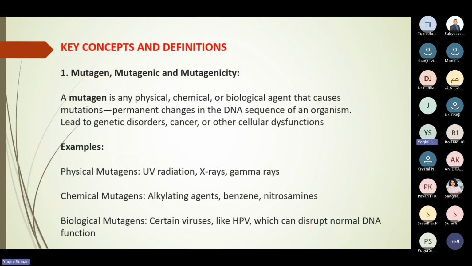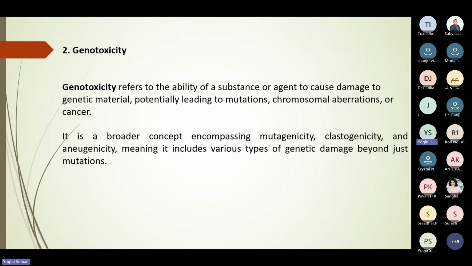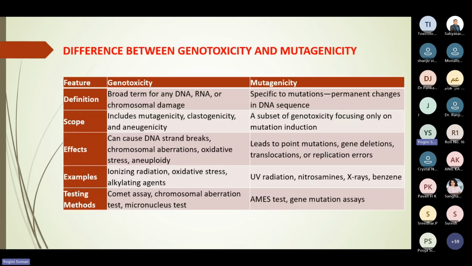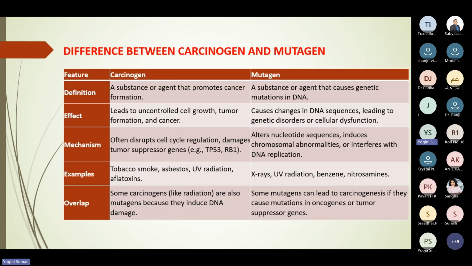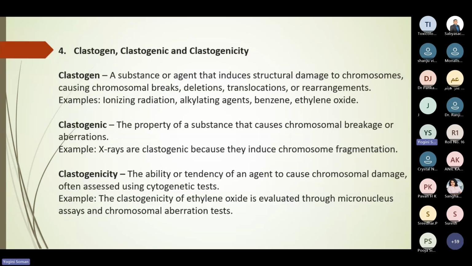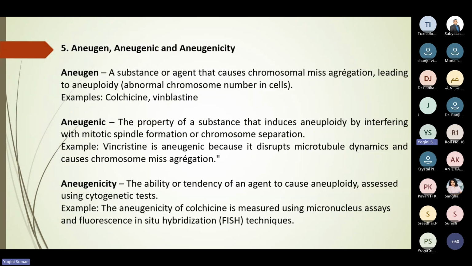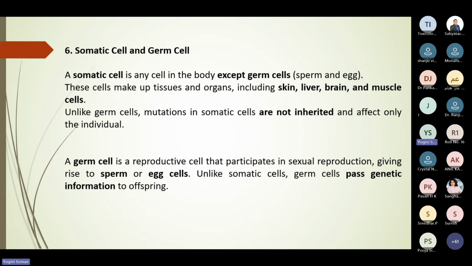We have also covered the key concepts: what is mutation, mutagen, mutagenic, mutagenicity, then genotoxicity, the difference between genotoxicity and mutagenicity, also carcinogenicity, the difference between carcinogen and mutagen, then clastogen, which causes structural chromosomal aberrations, then aneugens, which cause chromosomal missegregation leading to aneuploidy, that is abnormal chromosome number in cells. We have also covered somatic and germ cell mutations.